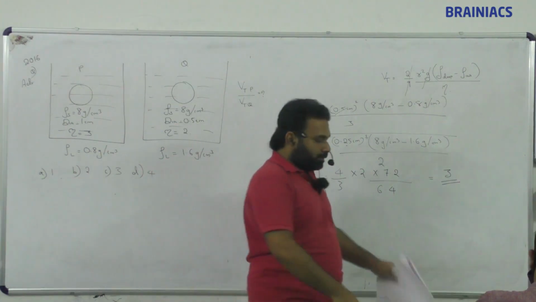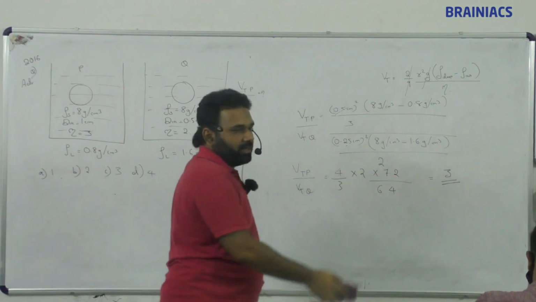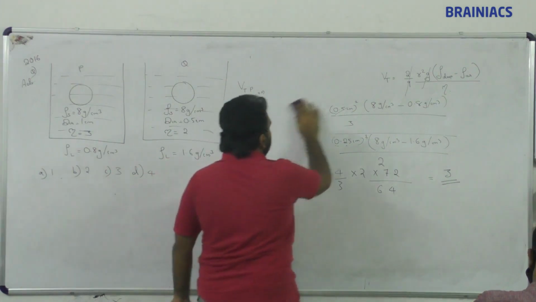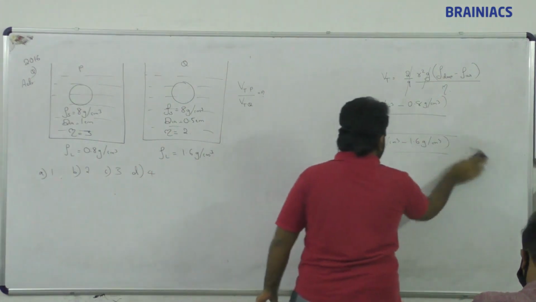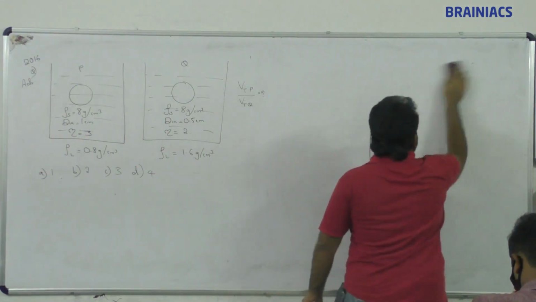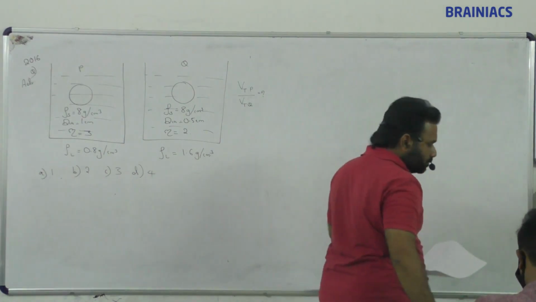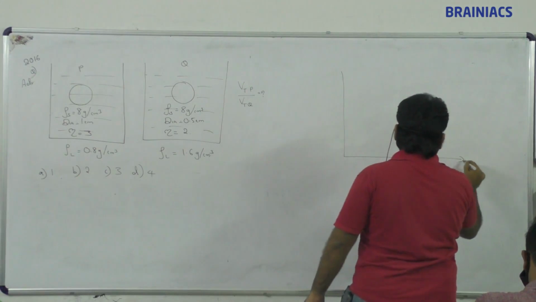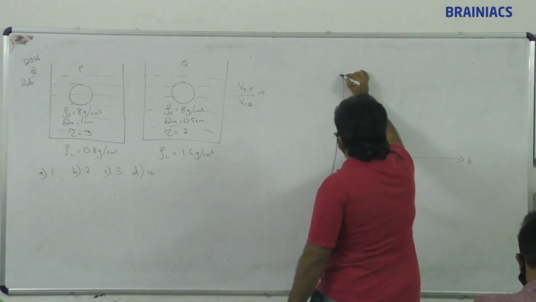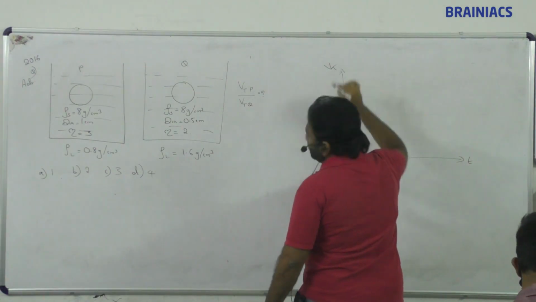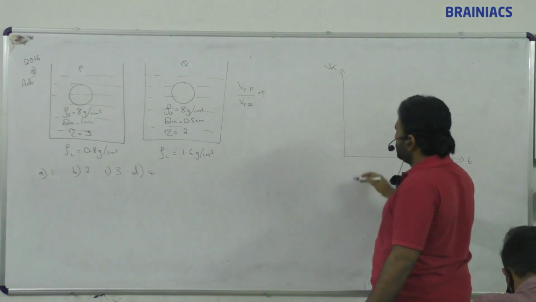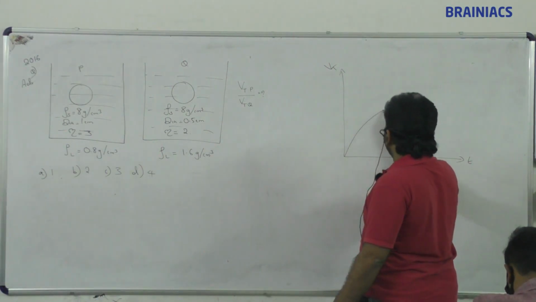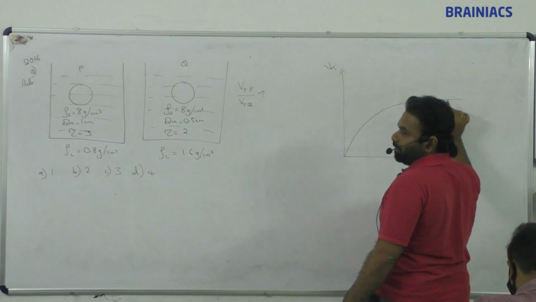If we plot, okay, copy this. Shall I erase this, children? Fine. So time versus terminal velocity. Terminal velocity will happen. Finally, what will happen?